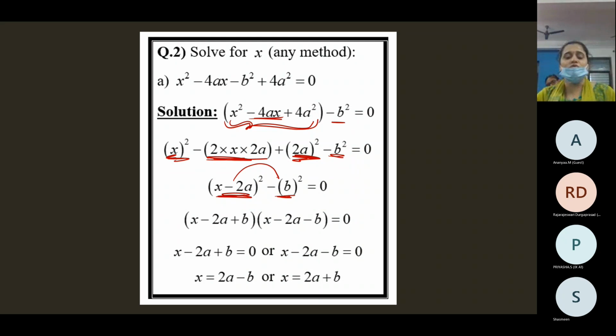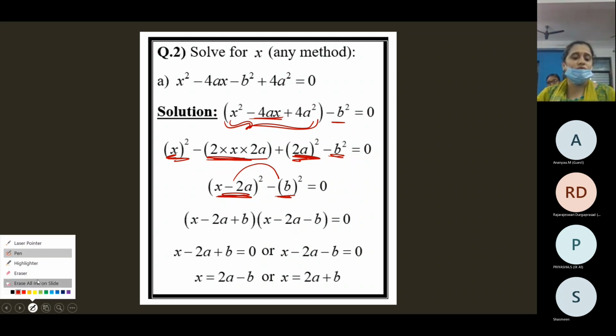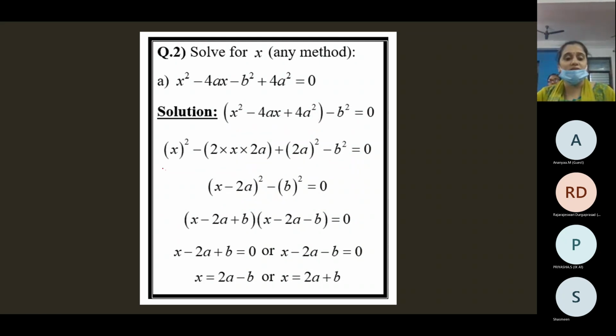Now this is a difference of two squares. This is actually 8th standard. So how do you do this? x square minus y square is x plus y into x minus y.